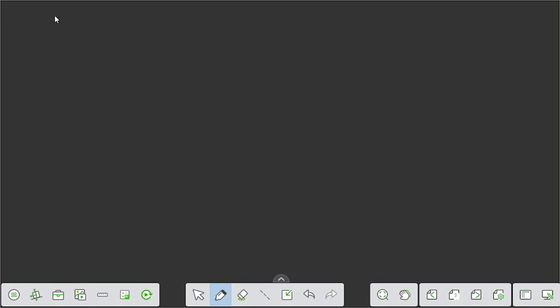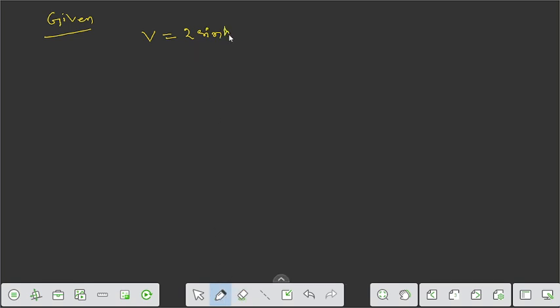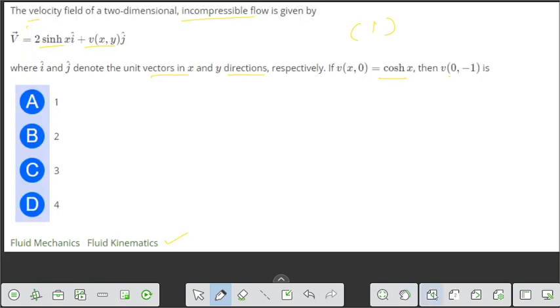So the given data is the velocity u is 2 sinh x.